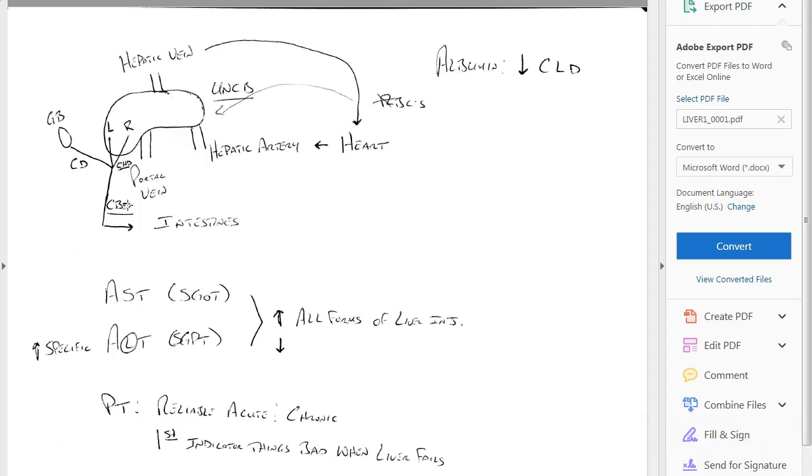If your GGT is normal, then it's coming from bone, or, like I said, you have a pregnant patient on your hands. So GGT is what we check to confirm our suspicion that our alk phos is elevated because it's coming from the liver.